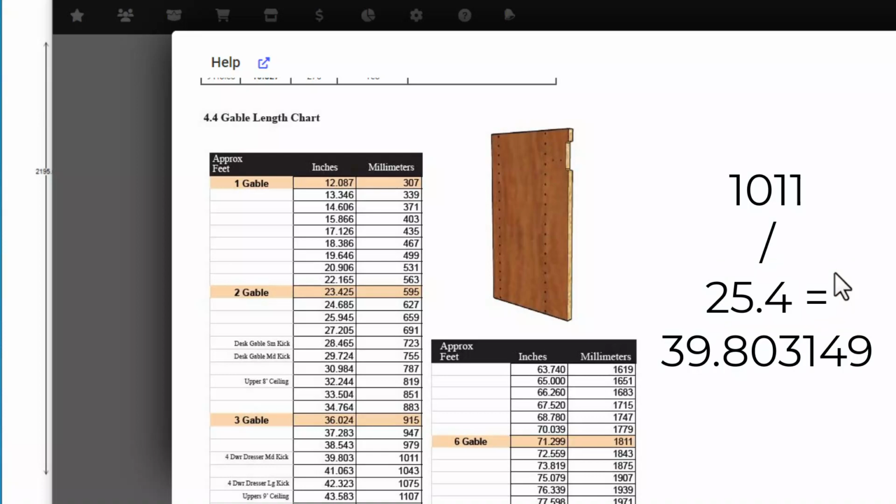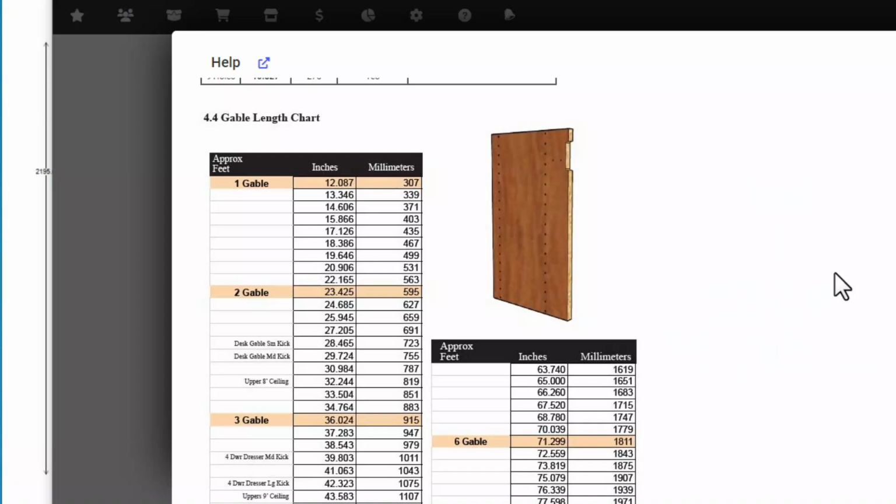So I would divide by 25.4 to get 39.803149, but if we round to the third decimal place, it comes to 39.803 inches. So just memorize 25.4 and you'll be able to convert millimeters to inches and vice versa. And it becomes very useful.